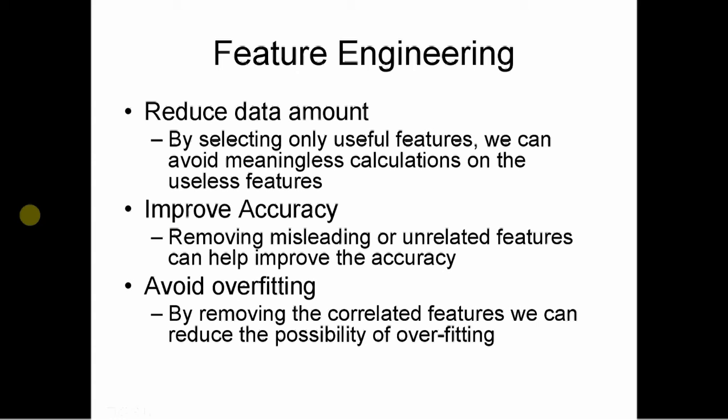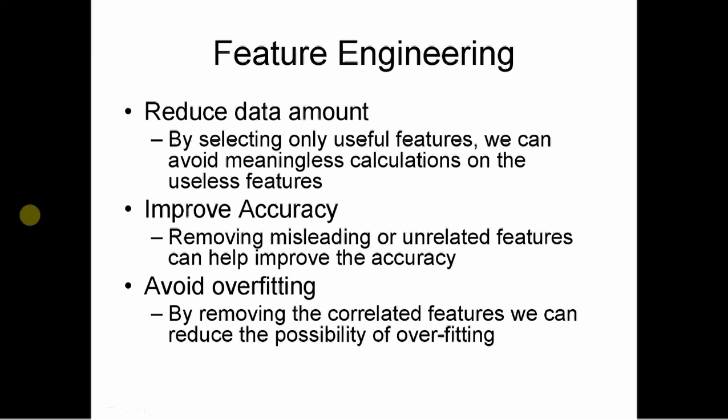Feature engineering can also help improve the accuracy. By removing misleading or unrelated features, we can exclude the bad influence of those features on our classification results to improve the accuracy. And it can also help avoid overfitting.